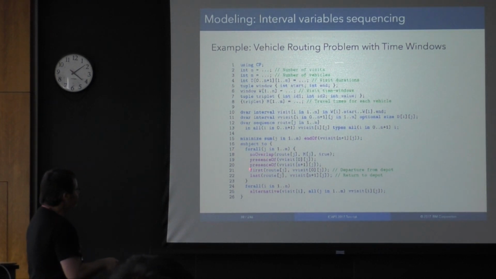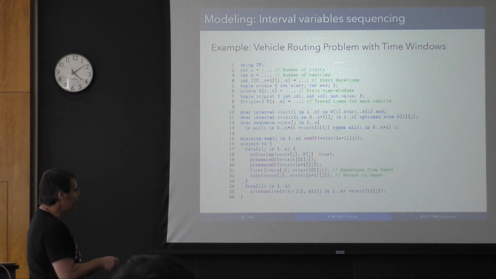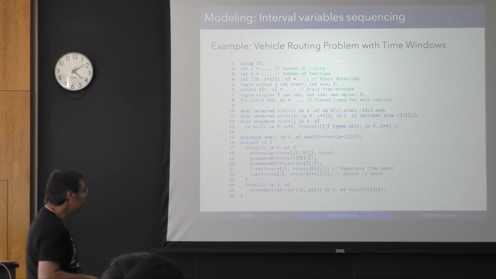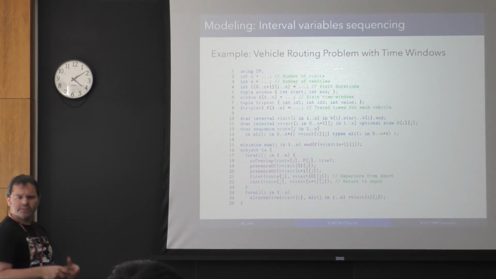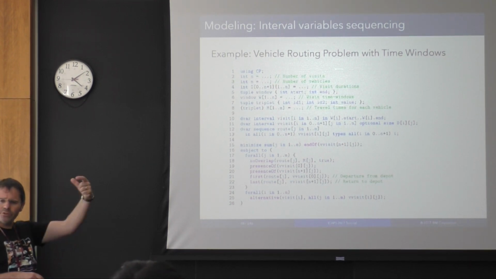And then the constraints: you have no-overlap. The visits on a given route do not overlap, and you have transition distance, transition time, that are given by the matrix here. The matrix may depend on the vehicle. It's not a problem, it's very easy here. What you say is that you have two visits that are special: the departure from the depot and the return to the depot. You need to have one for each vehicle.